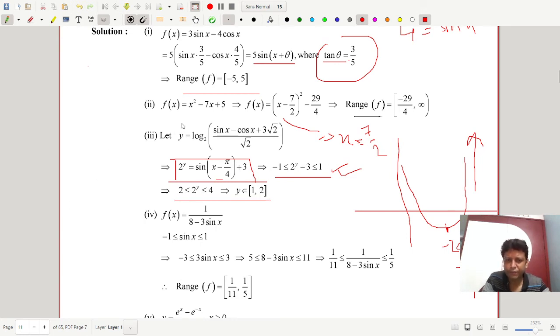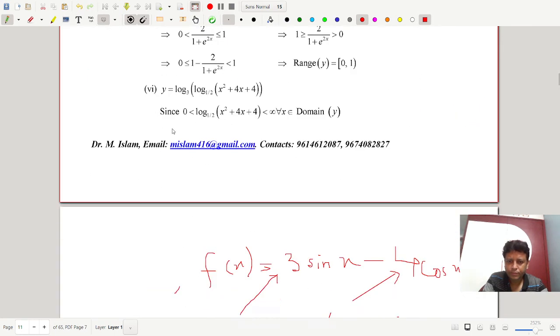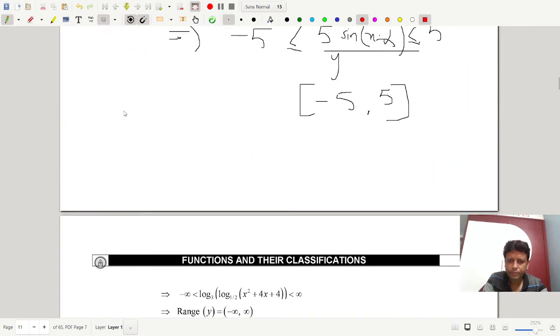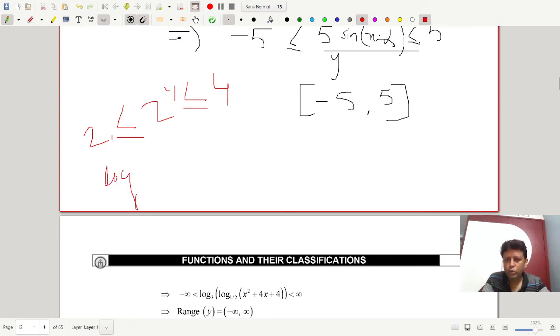You have 2 to the power y less than or equal to this. So you take log base 2. So y comes forward: log 2 base 2, and less than or equal to log 4 base 2.